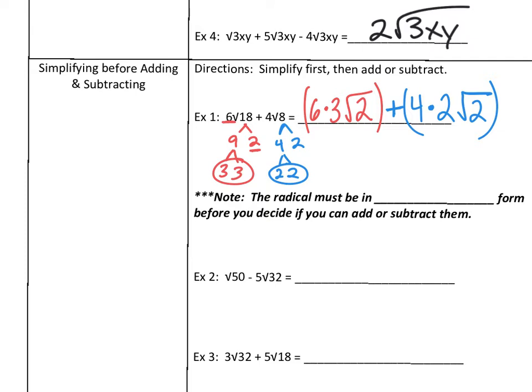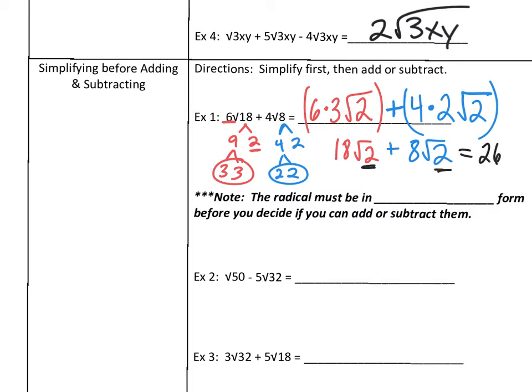Okay? So looking at the first one, 6 times 3, 18 square roots of 2, plus 4 times 2, 8 square roots of 2. Can I add those together? Yeah. 26. We're not multiplying.